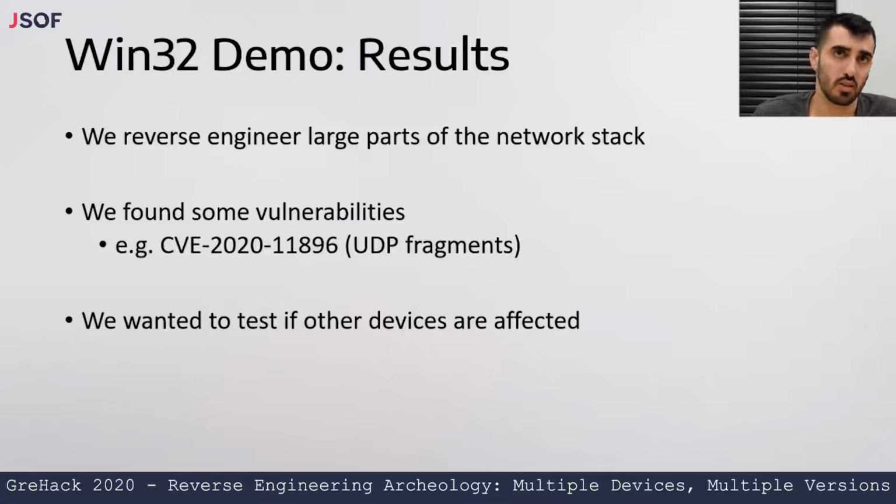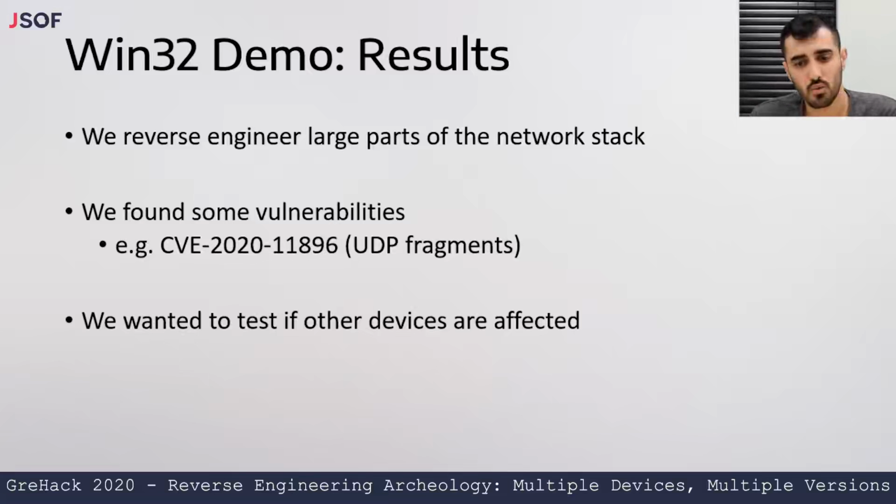tracked by CVE 2020-11-896, which involved an issue with how the Treck stack handles fragments over an IP in IP tunnel. And we wanted to test if other devices are affected by this serious vulnerability.